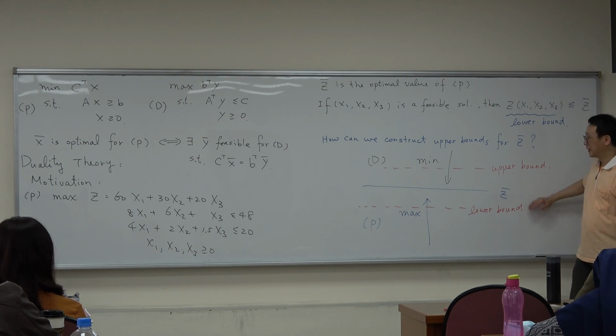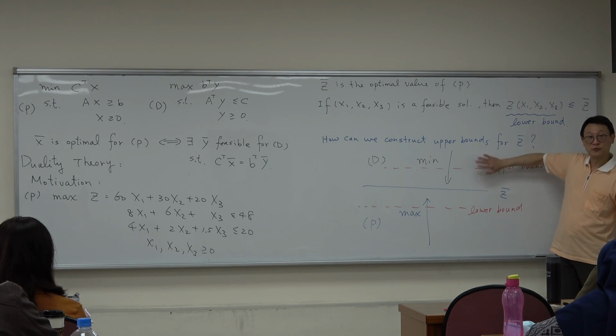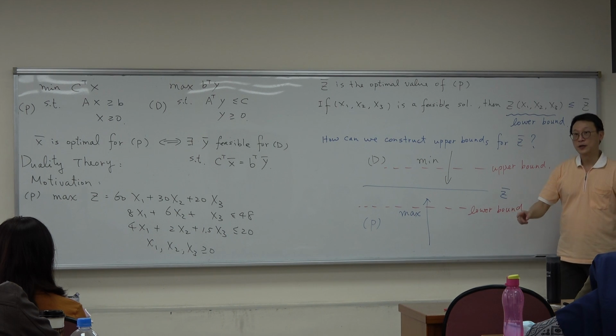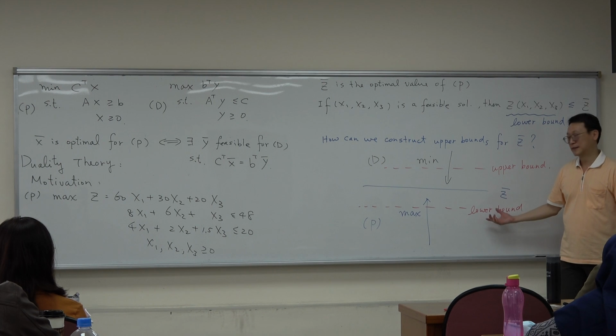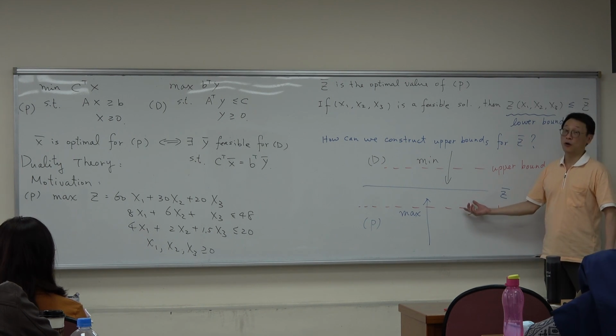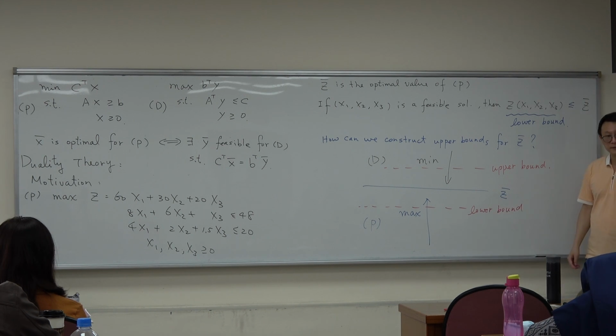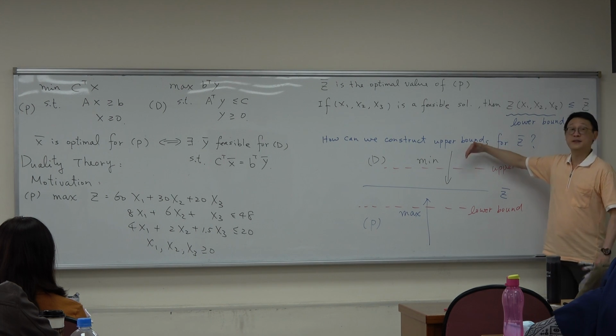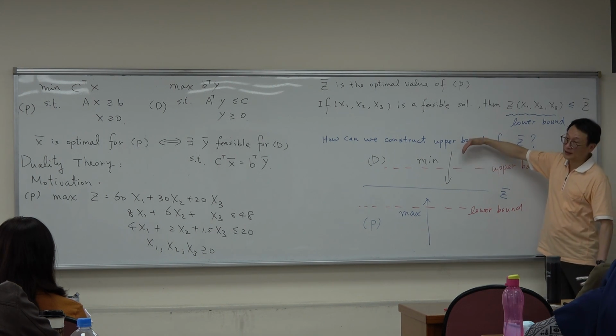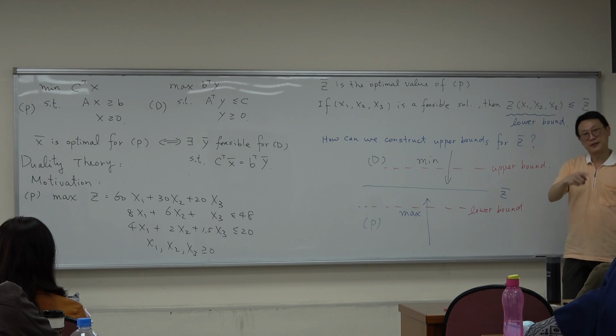But without this upper bound, and you stop at this lower bound, you don't know how close your lower bound is to the optimum solution. So in that way, I will transform them to another problem. And again, because it's a complex problem, we still cannot find the optimum solution, but we can find upper bound.